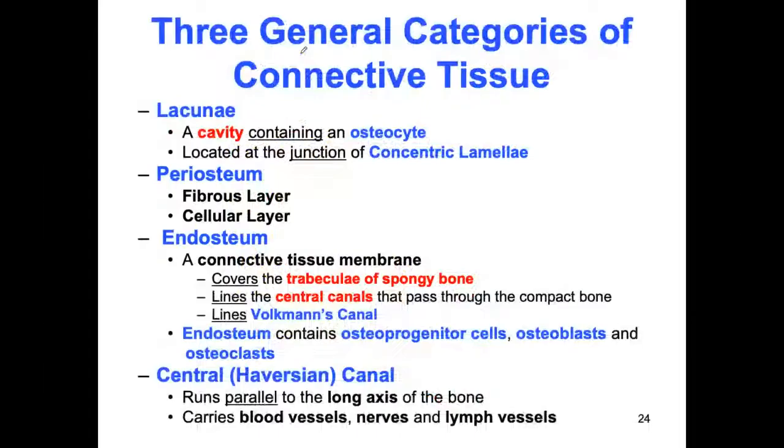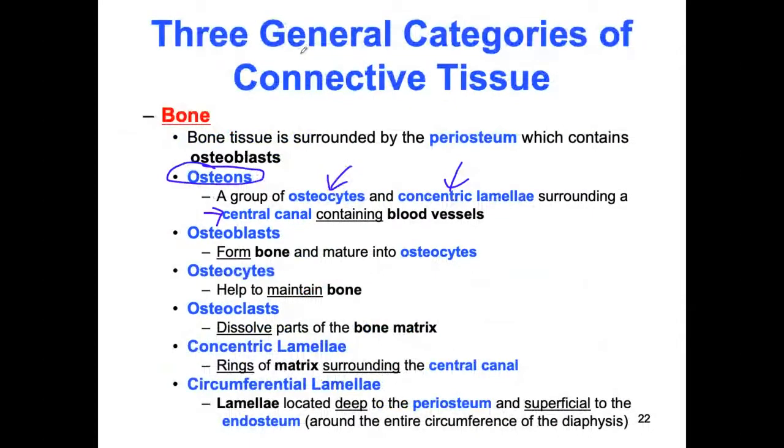Now, we have these terms osteoblast, osteocyte, and osteoclast. Osteoblasts, with a B, are going to build up bone. They're going to make matrix. They're going to push out cement or calcium, right? They're going to push out this matrix that's going to calcify.